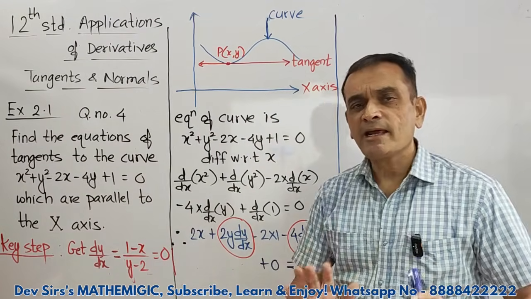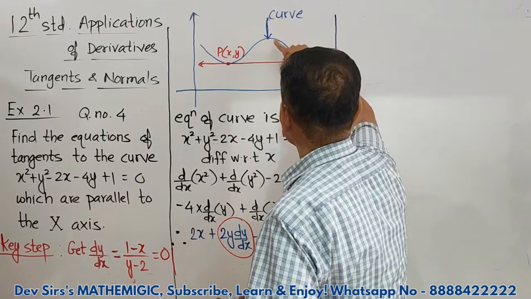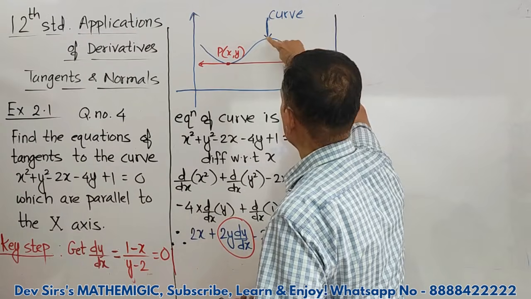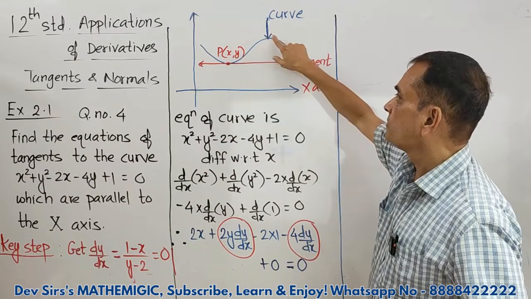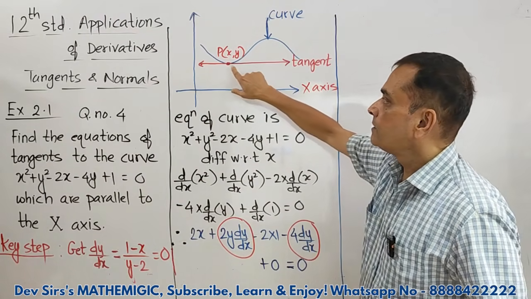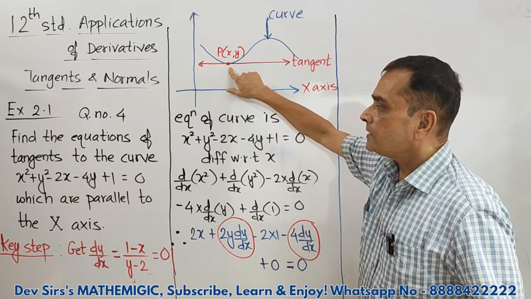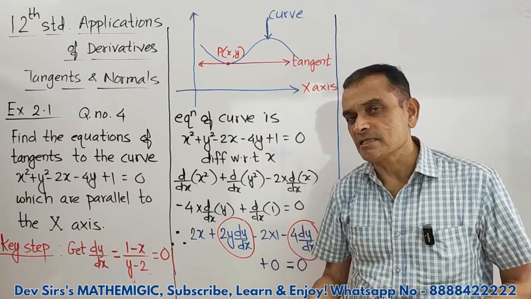If you see the diagram, you will understand the question perfectly. This is the equation of the curve. This is the curve. This is the tangent. The point of contact is asked, but two points are going to come, because there will be two cases.